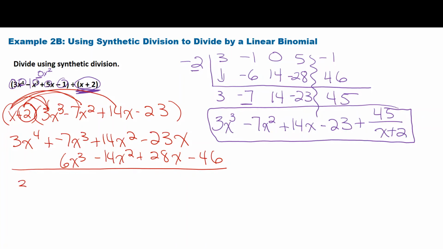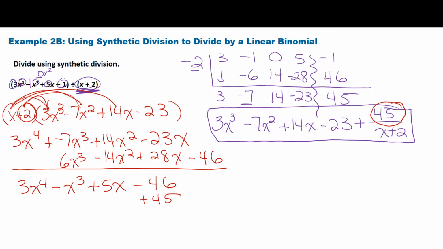And I have 3x to the fourth minus x to the third plus 0, 14x squared minus 14x squared is 0, so I don't even need to put that in. Negative 23 plus positive 28 is plus 5x minus 46, but don't forget I had this extra 45 on my remainder, so I just add 45 in.